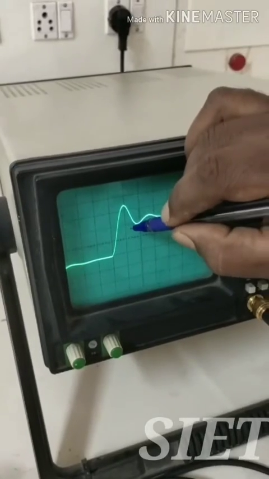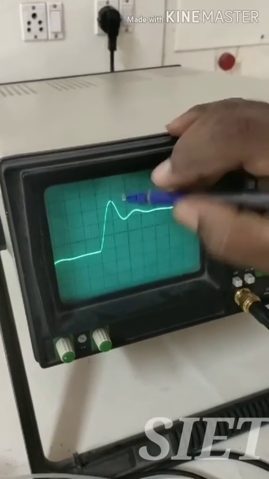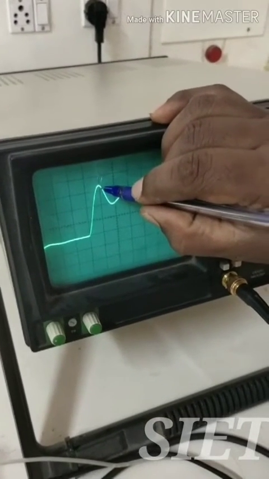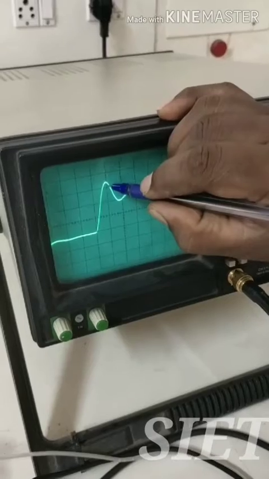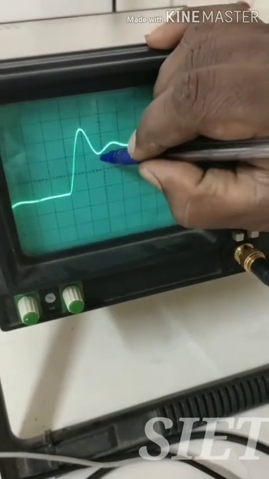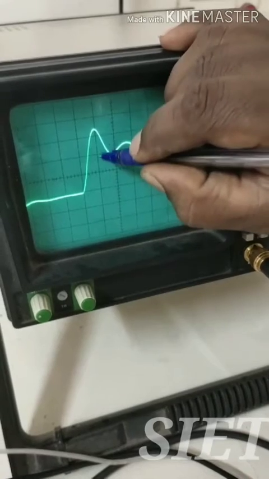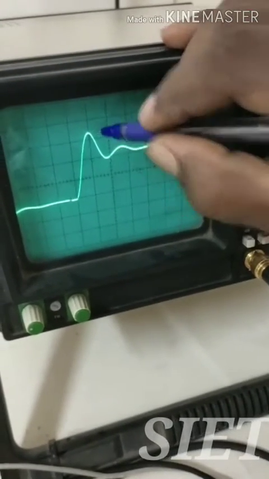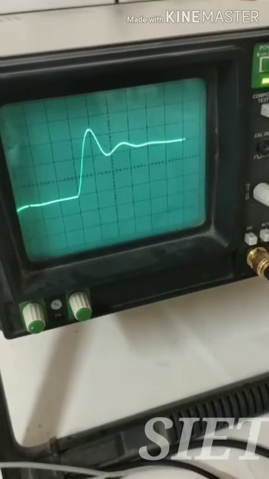Then after that, the maximum peak. This is the maximum peak; from here to here we have noted, from here to the final value line. This is the MP, which means maximum peak. How to take the maximum peak?